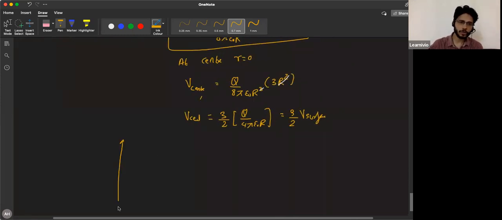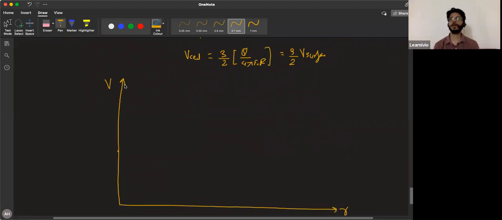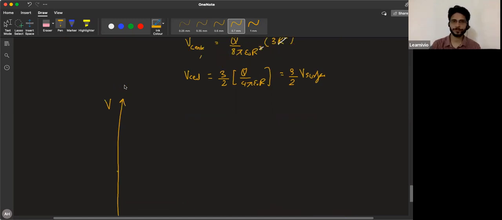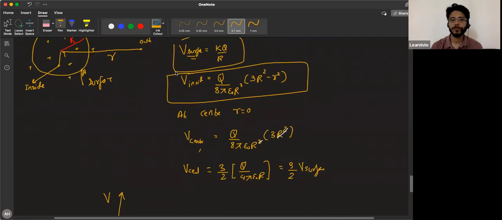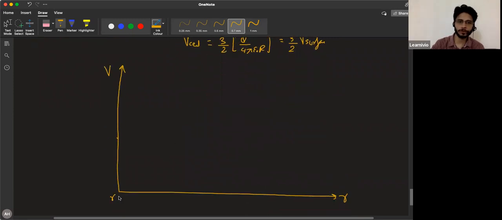Now, if I ask you to plot V versus R graph, this is R and this is V. If I ask you to plot this graph, then see, at center, R equal to 0.